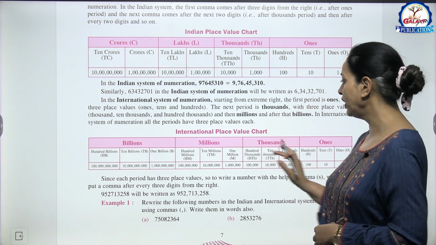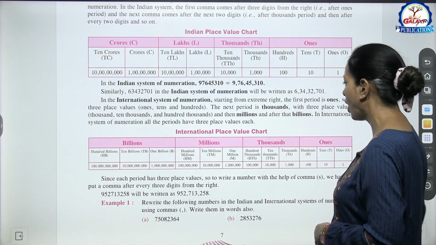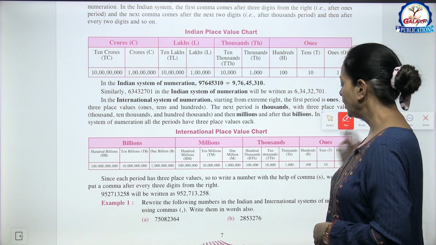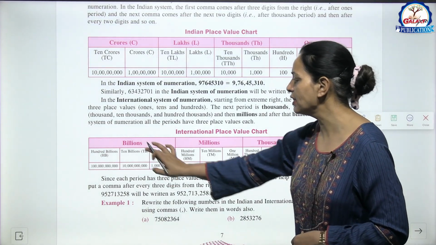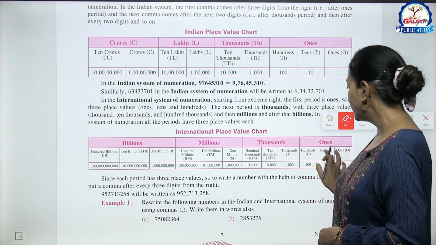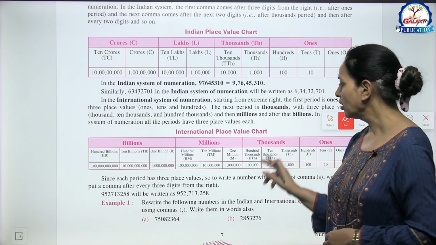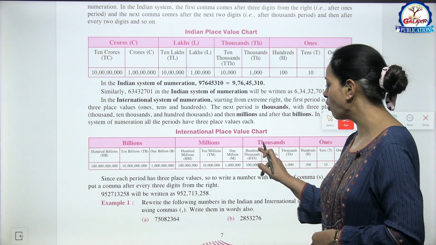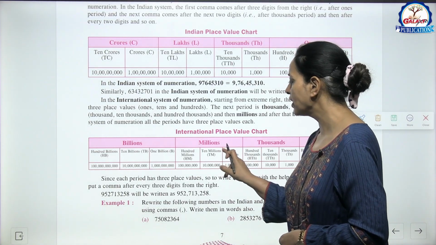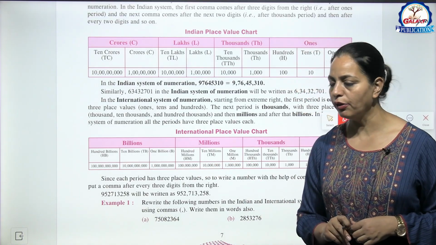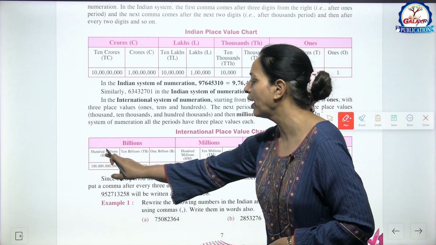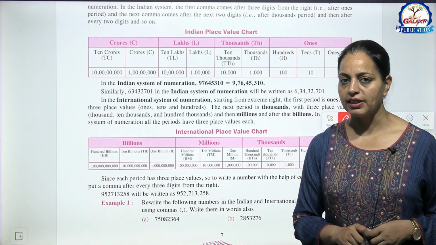See here the international place value chart. Here you can see ones, then thousands, millions and then billions. So ones के अंदर ones, tens, hundreds, thousand में 1,000, 10,000, 100,000, millions में 1 million, 10 million, 100 million. And here billions में 1 billion, 10 billion and 100 billion.